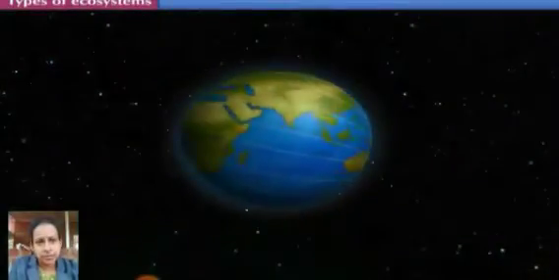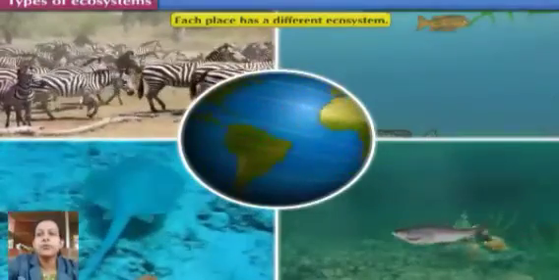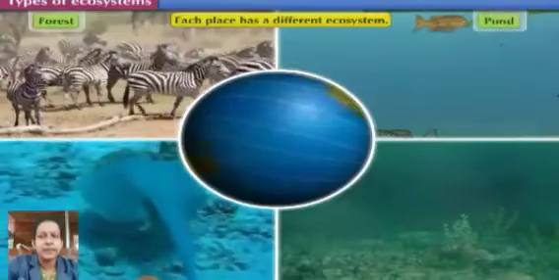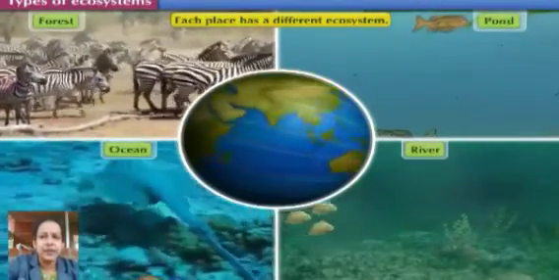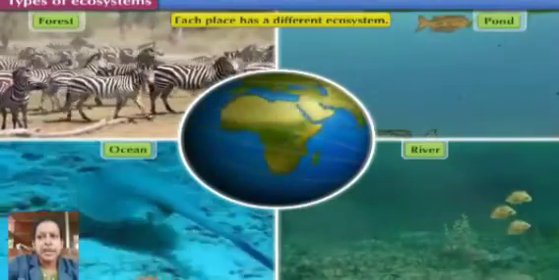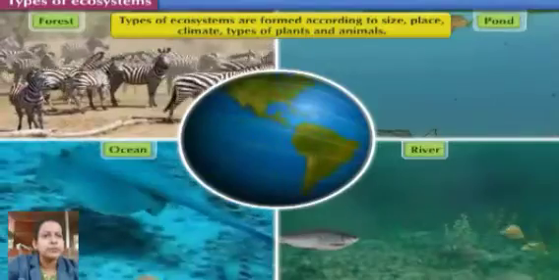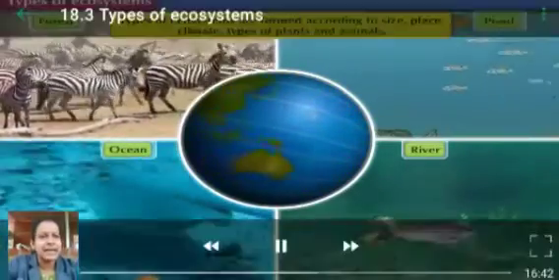Variety of ecosystems are found on the earth, and each place has a different ecosystem, like for example, forest ecosystem, then pond ecosystem, ocean ecosystem, and river ecosystem, etc. Types of ecosystems are formed according to size, place, climate, types of plants and animals.